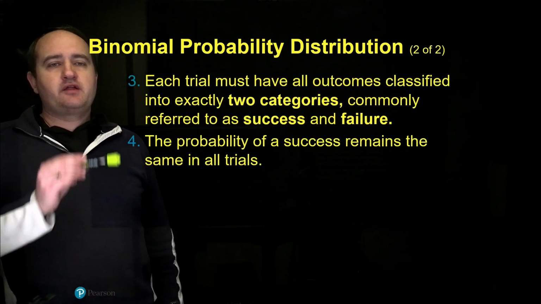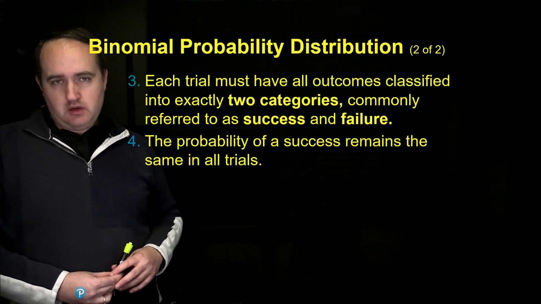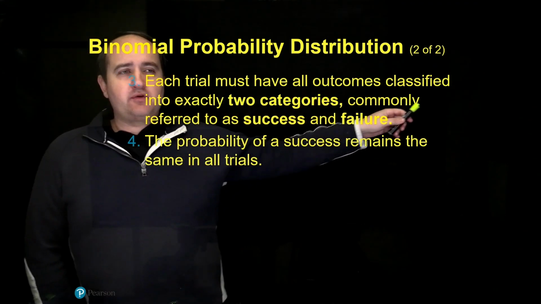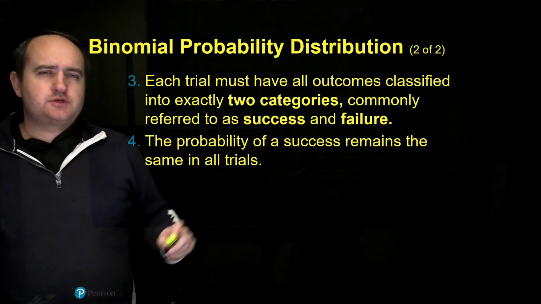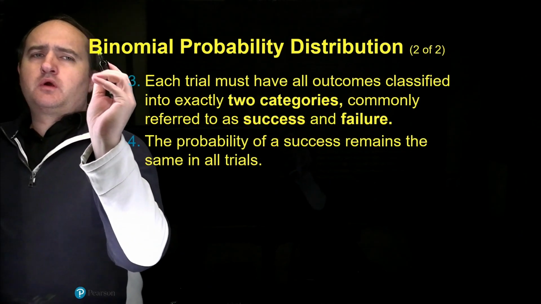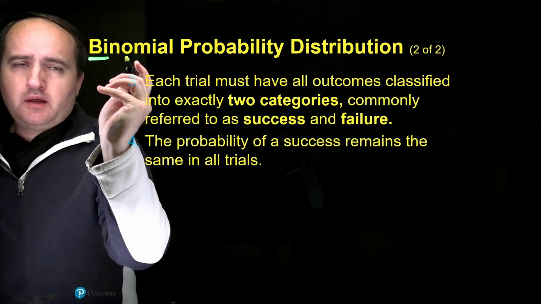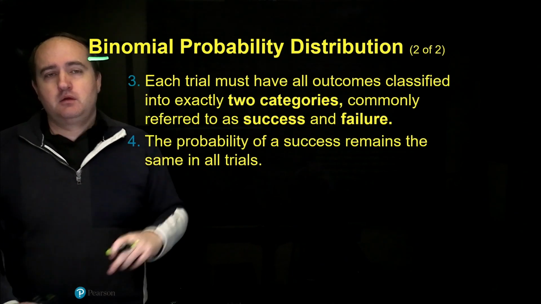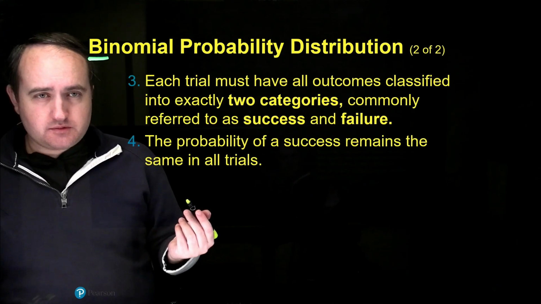Okay, the other two conditions that we have to make sure are true are that each trial must have all outcomes classified into exactly 2 categories. So why is that? Well, if you look at the word binomial, it has the prefix bi. So bi, like a bicycle, has 2 wheels.